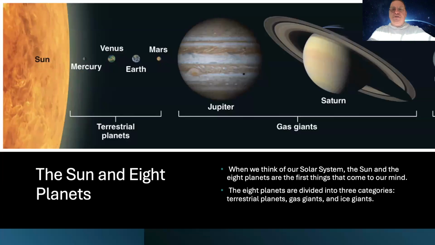So the solar system can be broken into effectively two constituent parts, that being the sun and the eight planets that are surrounding it. Again, I'm not going to belabor my definition of planet, but the astronomical consensus is we have the sun, which is roughly the center of the solar system, and then surrounding it, you have eight major bodies: Mercury, Venus, Earth, Mars, Jupiter, Saturn, Uranus, and Neptune.